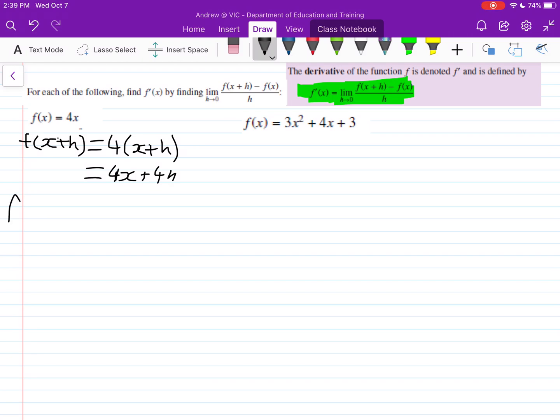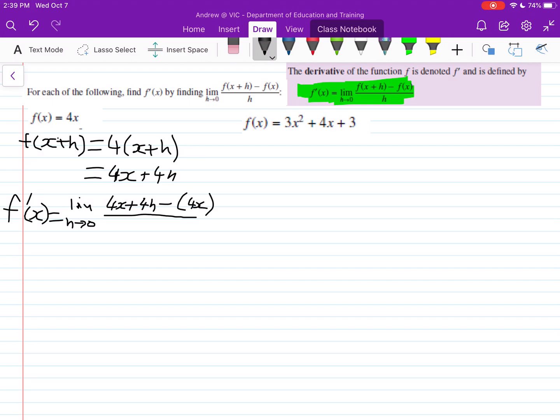So our derivative, f'(x), is equal to the limit as h approaches 0 of f(x+h), which is the 4x plus 4h that we just worked out, minus our f(x), which is 4x.